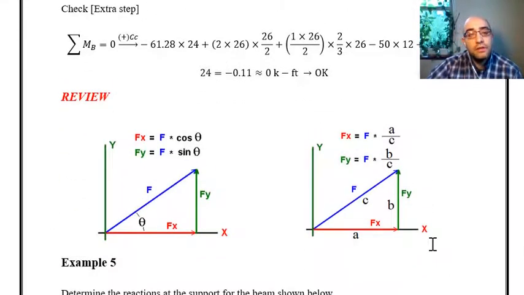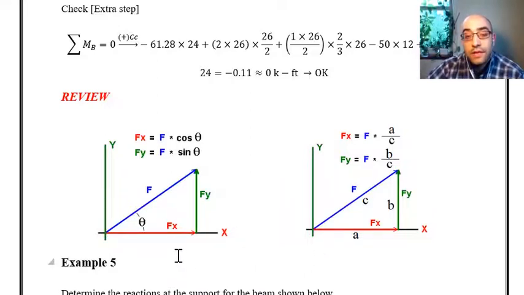Over here you can see I have a review note to show you how to find the components of forces. For example, if a force has an angle to the horizontal axis equal to theta, the X component or horizontal component is F multiplied by cosine of theta, and the Y component is F multiplied by sine of theta. So these are the equations that we need to use for finding the X component and Y component of a force when it has an angle to the horizontal axis.